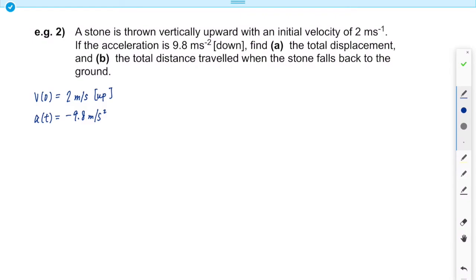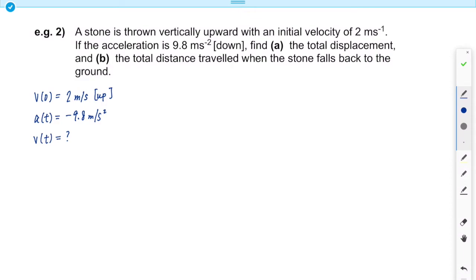We are looking for, first, v of t, which allows us to find out what total displacement and total distance traveled is. But there's one other thing that we also need to know, which is the initial and final position, or the time it takes for the stone to hit the ground.